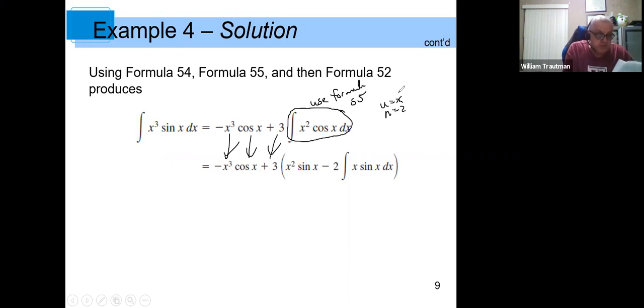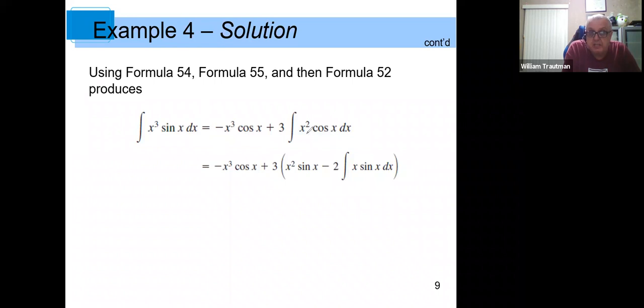Go to 55 on your formula sheet, and it says u^n, x^n where n is 2, sine u, sine of x, minus n, which is 2, integrating u, which is x, to the n minus 1. 2 minus 1 is 1. So there's an invisible 1 there, sine u or sine x. So we just changed this to this.